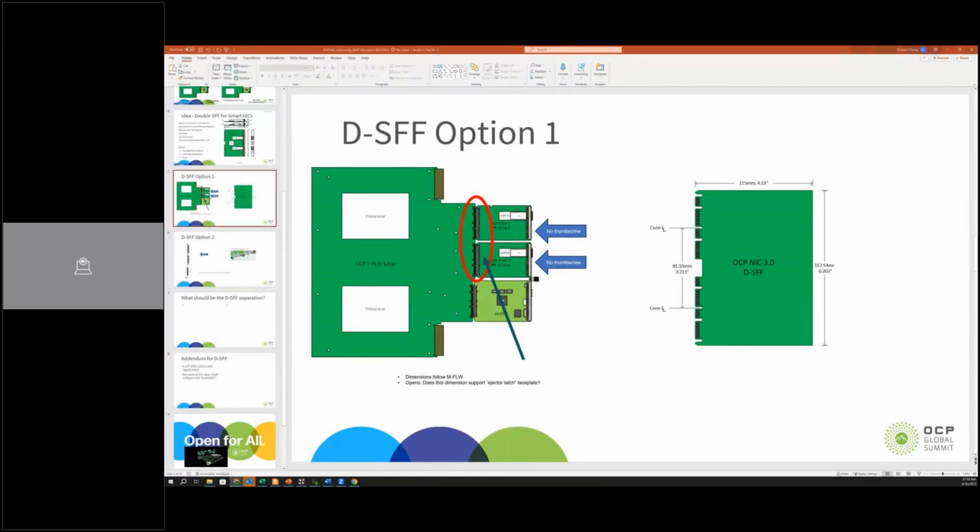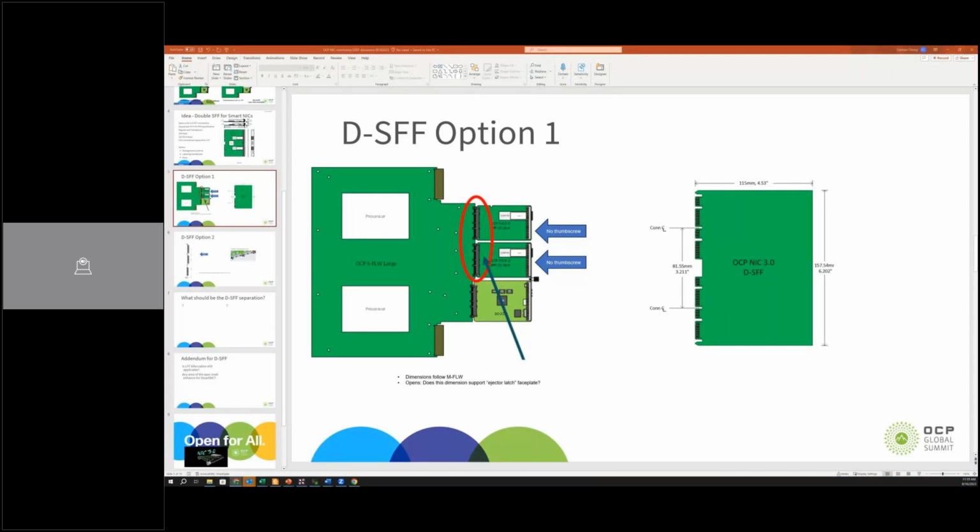And if we say doing two connectors, actually, we worked with Meta a little bit maybe one year ago, and we did a tolerance study, and we are seeing a high DPPM if we follow the current NIC 3.0 spec.